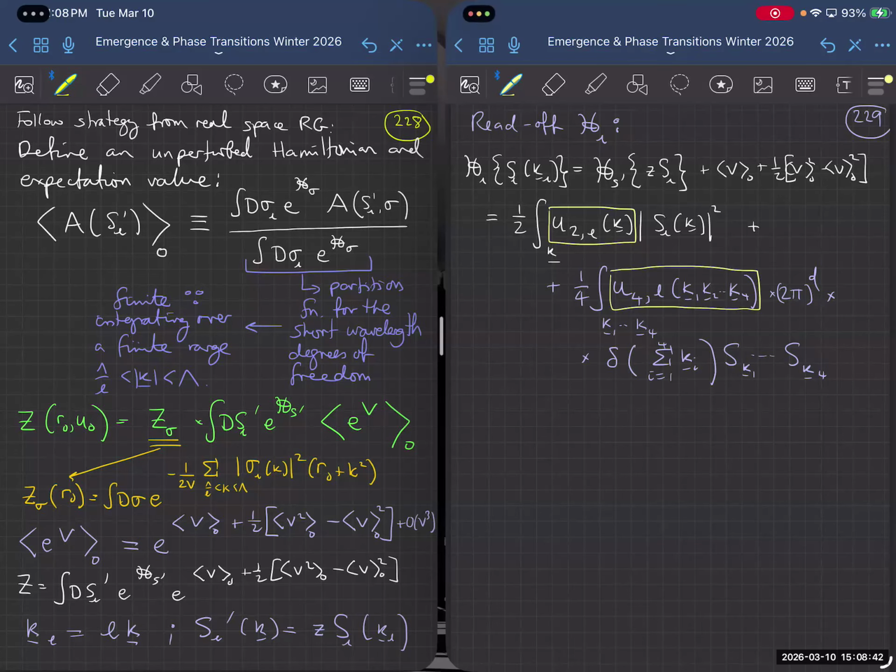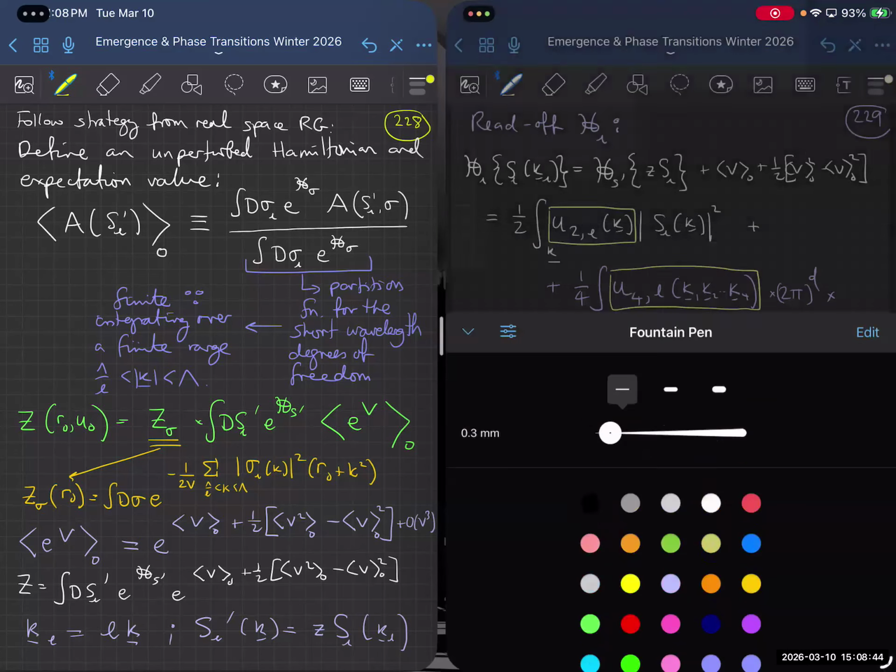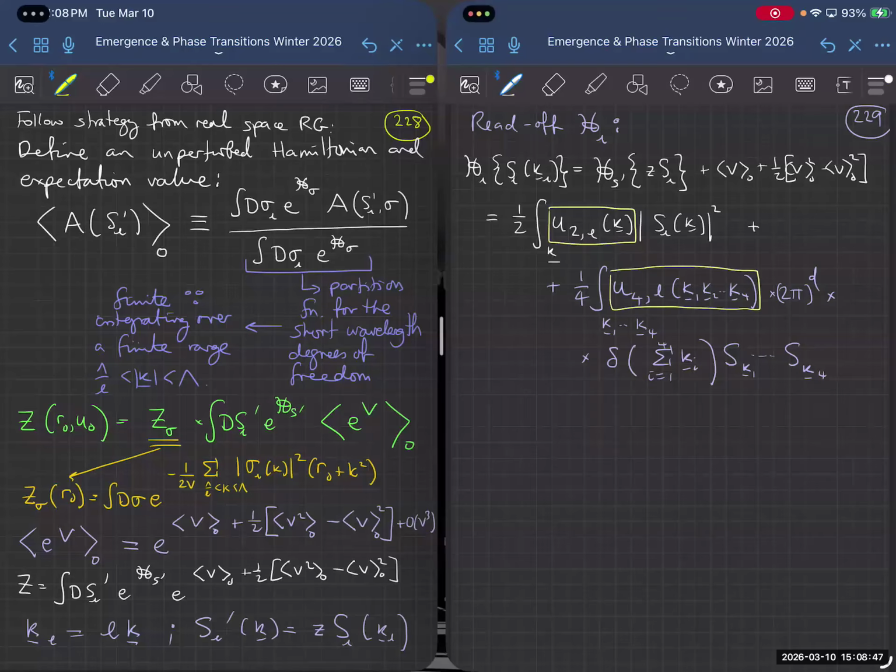So what has happened in the renormalization process, what we're going to find is that when we started off with our coupling constants, R naught and U naught, after renormalization, they go to a function called U2 of L, which depends on K, and a function U4L that depends on K1 up to K4. So our problem has got a lot more complicated, and we have to calculate these things, and it requires some work.